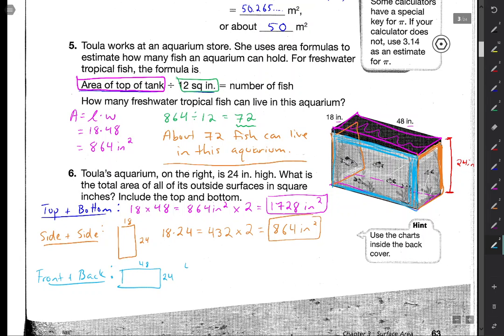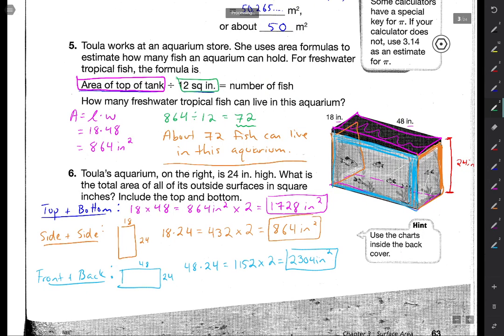So we're going to do 48 times 24, and I'm just going to plug that in my calculator. 48 times 24 is equal to 1,152, and then we're going to times that by 2. So we get 2,304 inches squared.